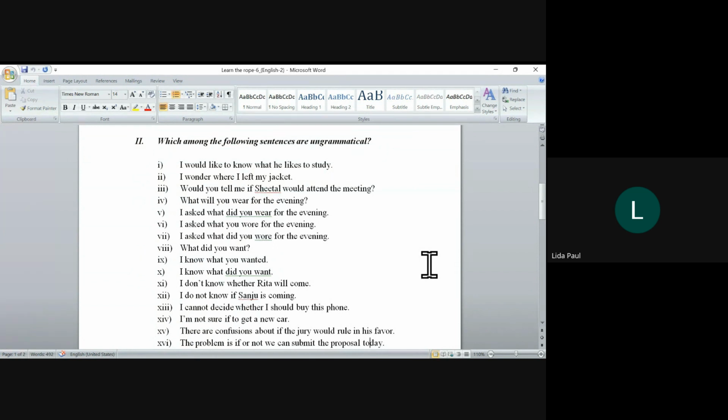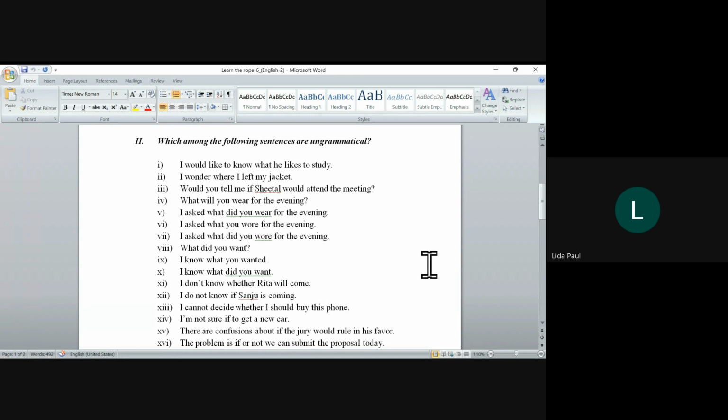The third one: would you tell me if Sheetal would attend the meeting? It's an if clause. Is this grammatical? If yes, why?